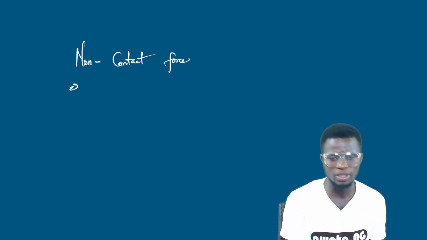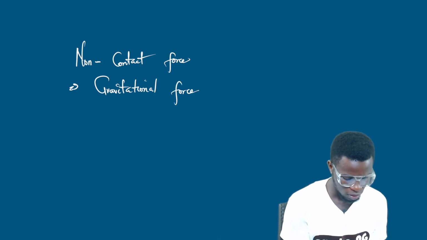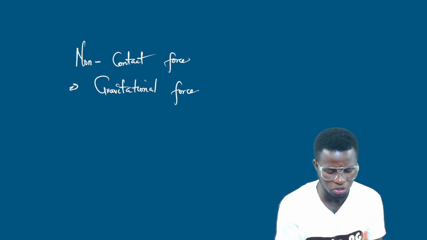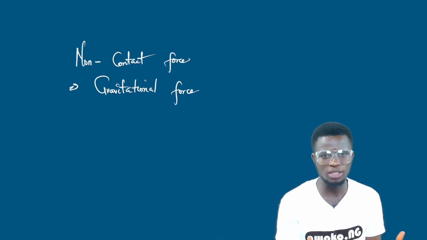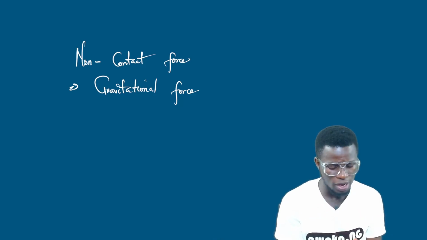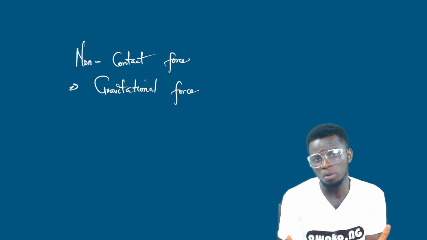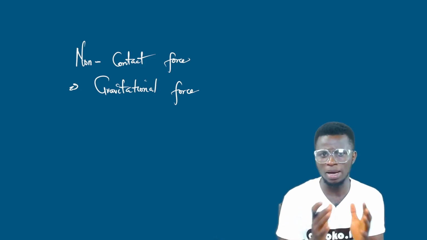An example of non-contact force is the gravitational force. And of course, what is the gravitational force? Gravitational force is an attractive force which exists between two or more bodies by virtue of their masses.